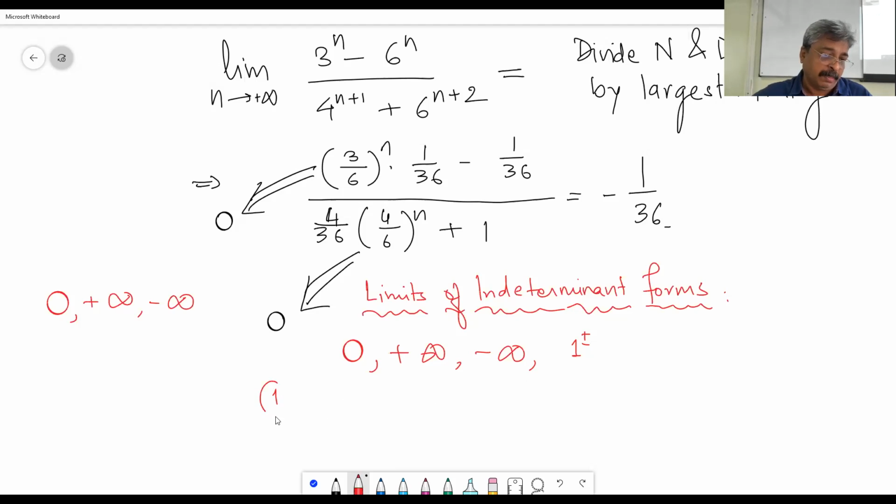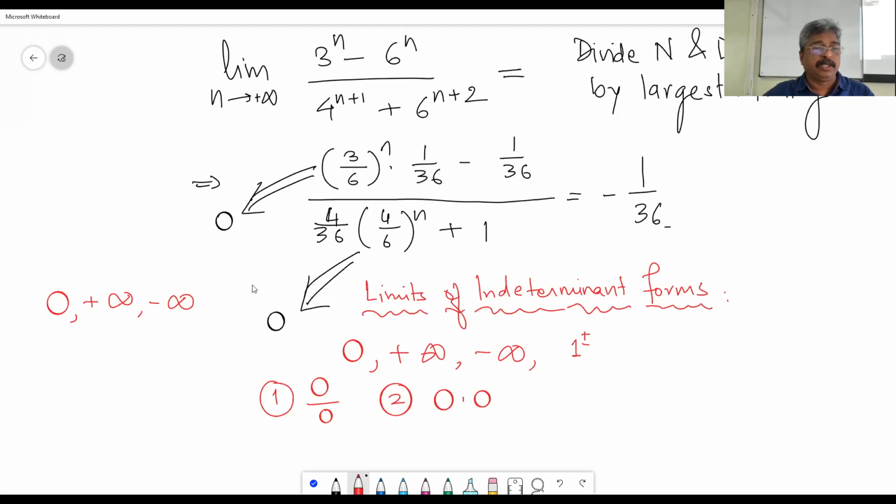Say for example, 0 upon 0 is an indeterminate form. We do not know what to do with that. Like that, if we permute all these and check, is it indeterminate or not? Second, is 0 into 0 indeterminate? No, sir. 0 into 0 is 0. Annihilation theorem.